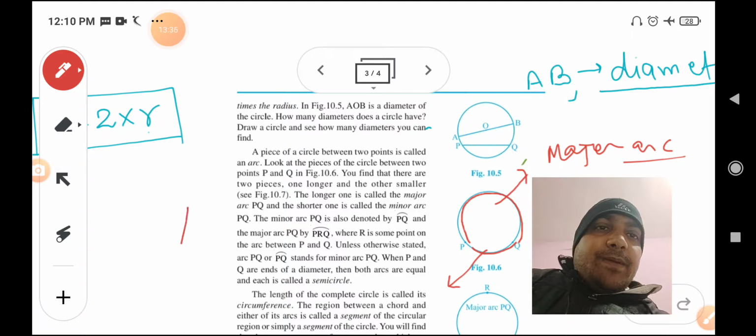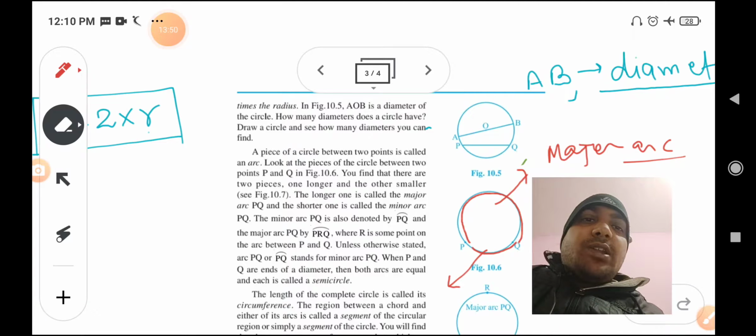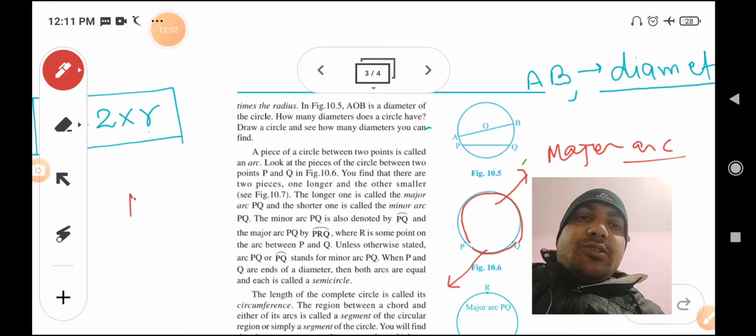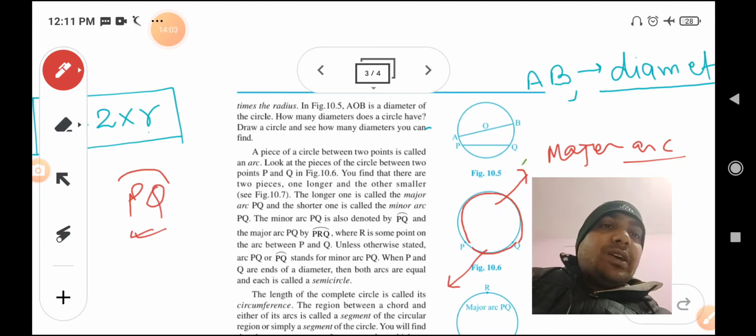The longer one is called the major arc PQ and the shorter one is called the minor arc PQ. The minor arc PQ is also denoted by PQ like this. If you are writing like this, it means you have written minor arc PQ. Is it clear to everyone?